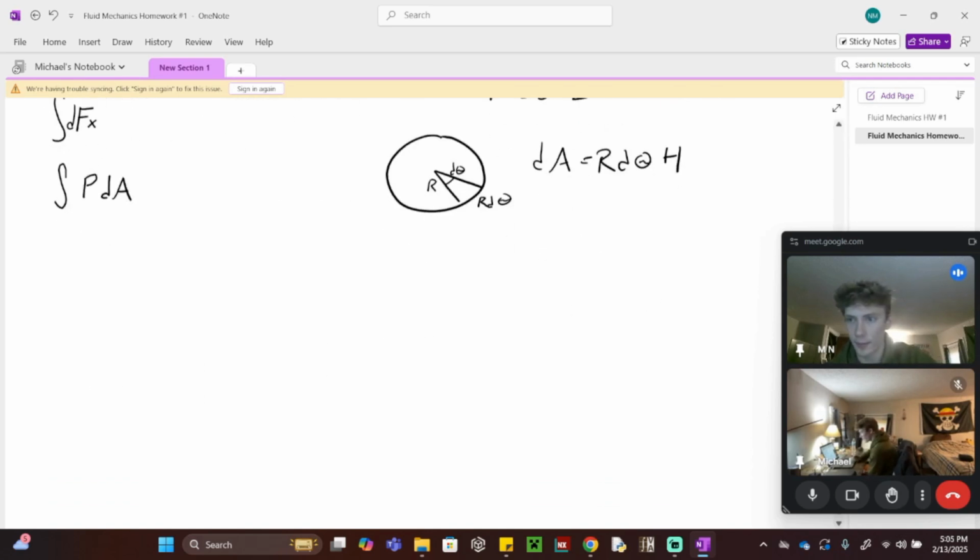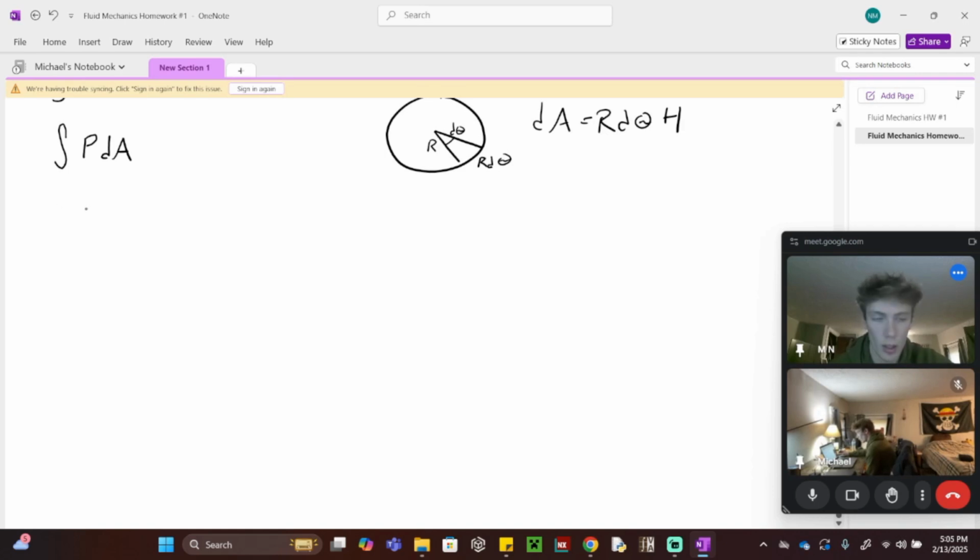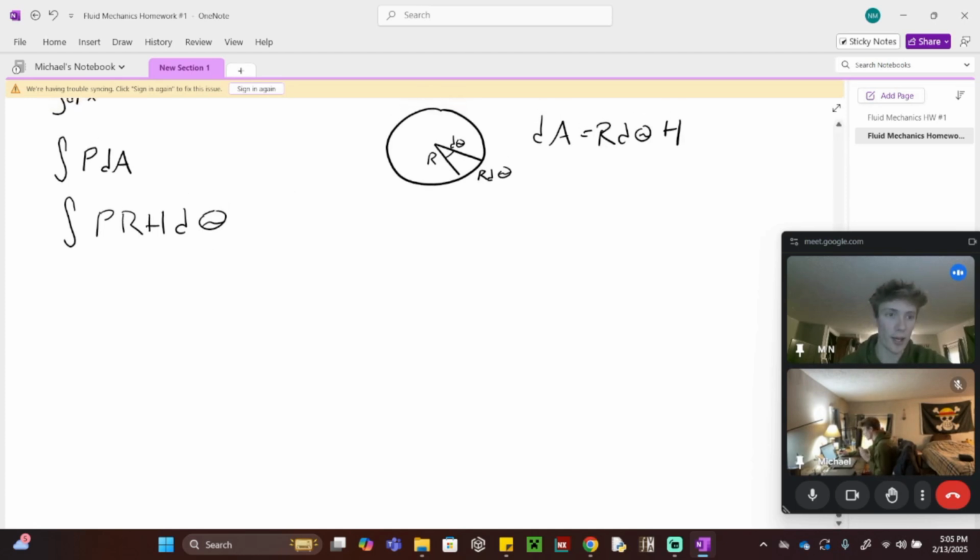So we end up getting the integral of pressure times radius times height d theta. And we also need to parameterize our integral by making the pressures into the x direction.